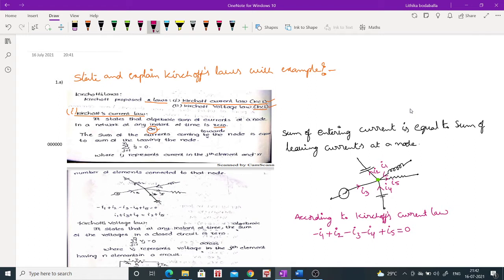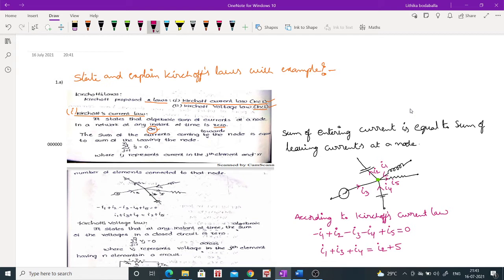If I write all the negative terms at one place and the positive terms at another, making the negative common and bringing it to the right side, then minus I1 becomes plus I1, minus I3 becomes plus I3, and minus I4 becomes plus I4, equal to I2 plus I5.